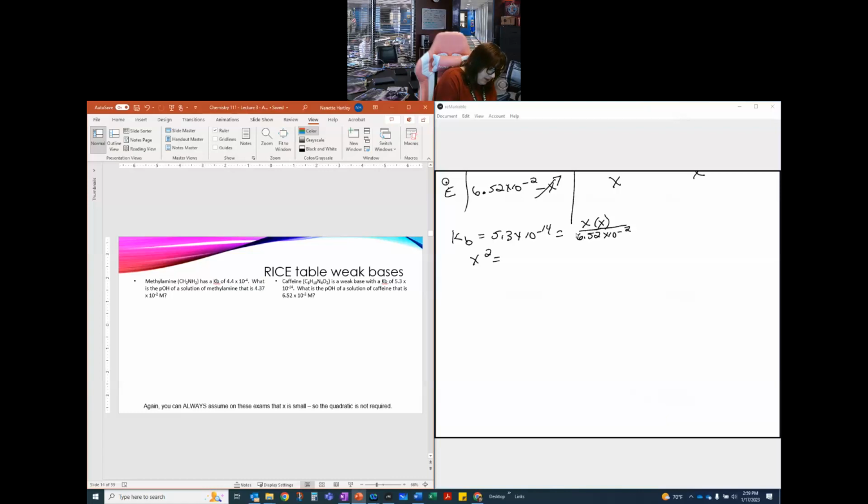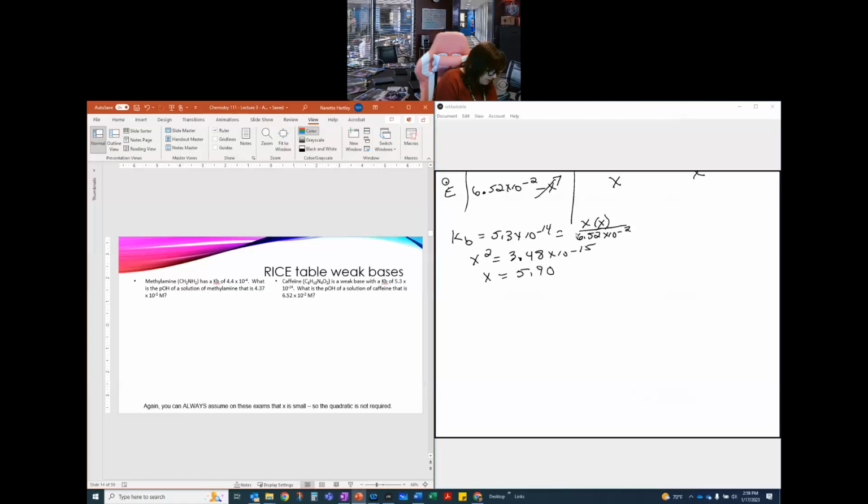So X squared is 3.48 times 10 to the negative 15th. Take the square root of that to get X.